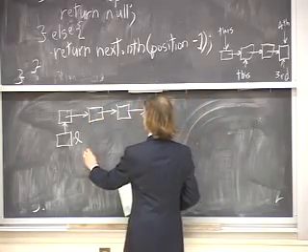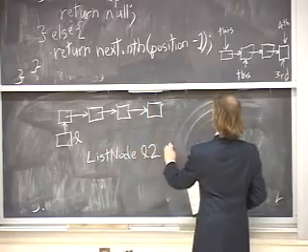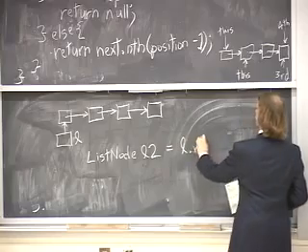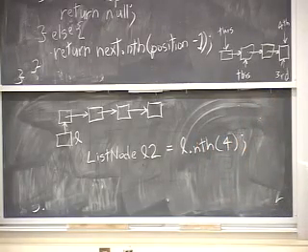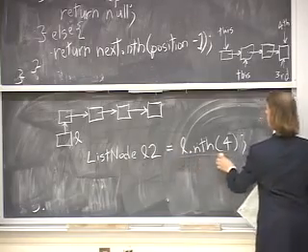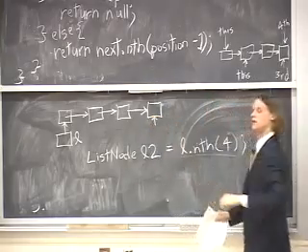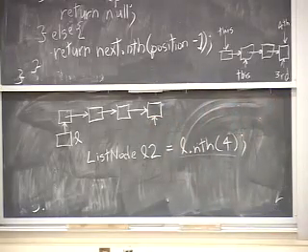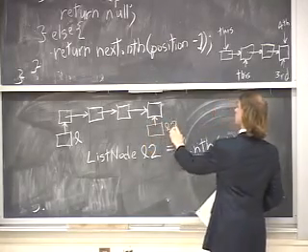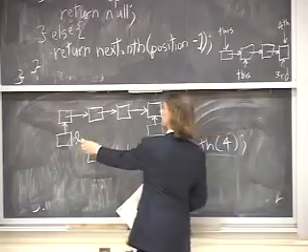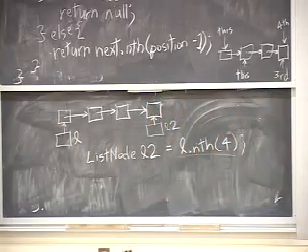I'll say ListNode L2 equals L.nth(4). So when this method completes, what will happen is L.nth will return a reference to that node. And the assignment statement will copy that reference into L2. But the original reference, L, that you called nth on, hasn't changed at all. It still points to the same node it always pointed to.